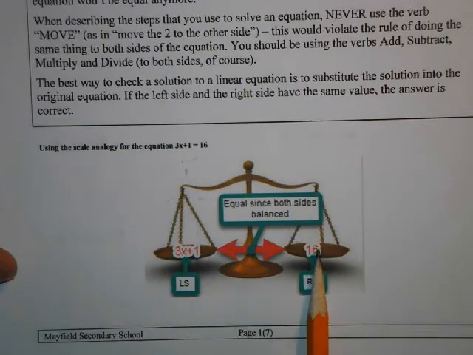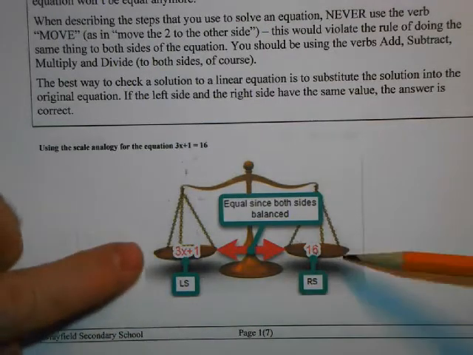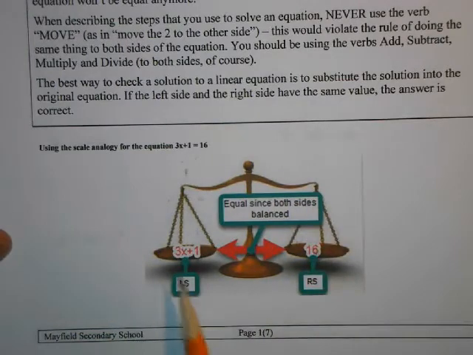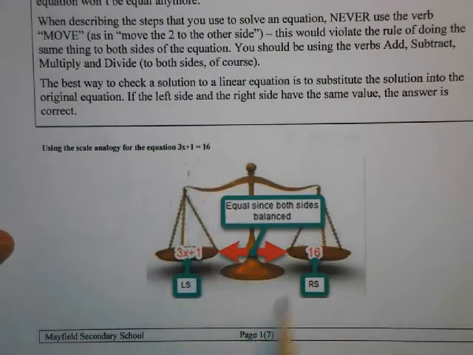If I take away anything from this side, you can imagine the tray, all of a sudden, this side now becomes lighter than this side, so the trays will tip up, and they're no longer balanced. If they're not balanced, then the equation's not equal. So that tells me that anytime I do one thing to one side of the equation, or tray, I have to do the exact same thing to the other side. Otherwise, the scale or equation won't be balanced.